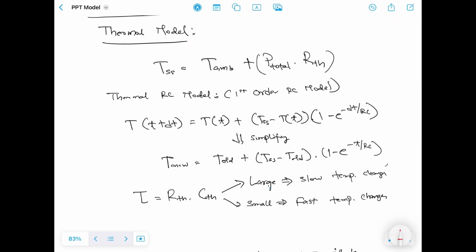And now let's look at how we can model the temperature rise in the system. So now the steady state temperature rise for a constant power is given by this equation, which is equal to the ambient temperature plus the product of the total power, which we just calculated, times the thermal resistance.